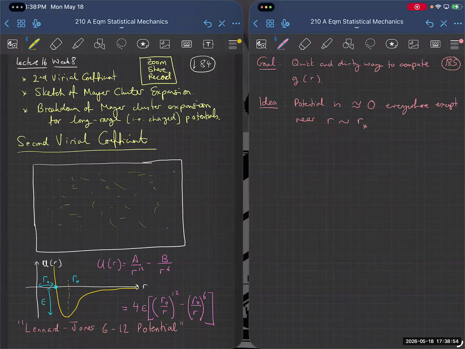So let's suppose then that we're at low density.